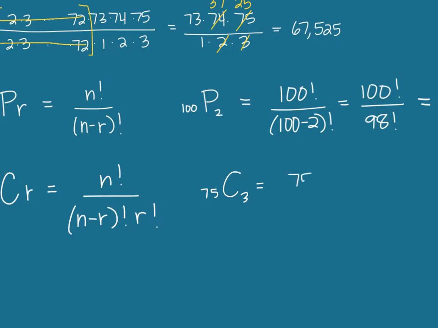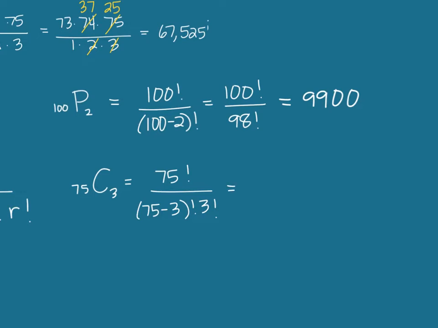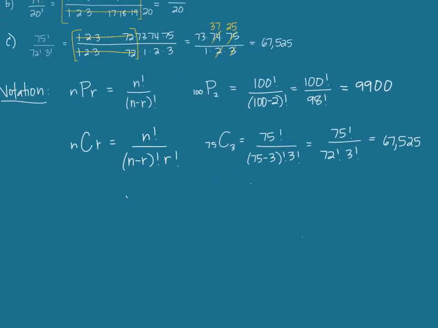So that would be 75 factorial in the numerator. It would be 75 minus 3 factorial in the denominator, and then 3 factorial, which comes out to be, in simplified form, 75 factorial over 72 factorial 3 factorial, which we just did. And so we saw that came out to be 67,525.